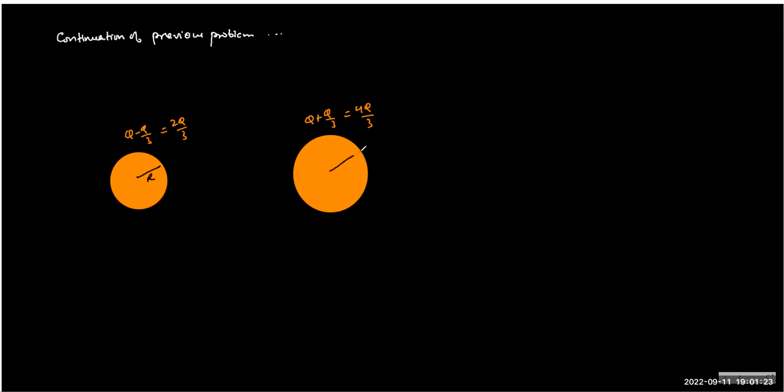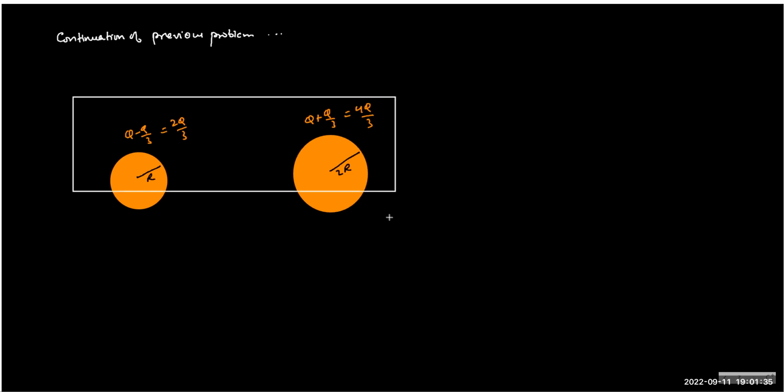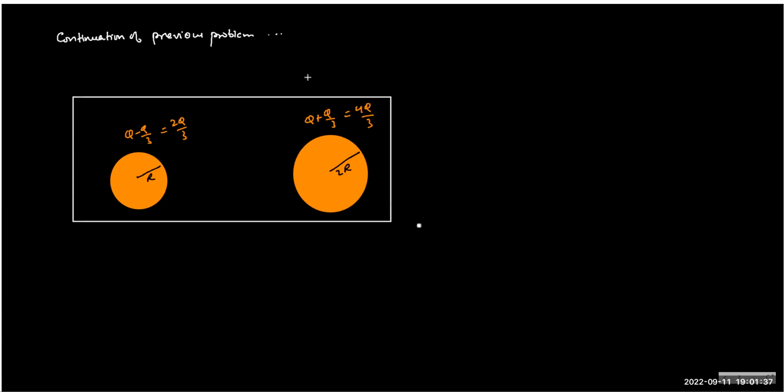Yes. So with the new distribution of charge, the overall energy of the system will change. The charge has changed on the two spheres after this connection. So this is the after scenario.